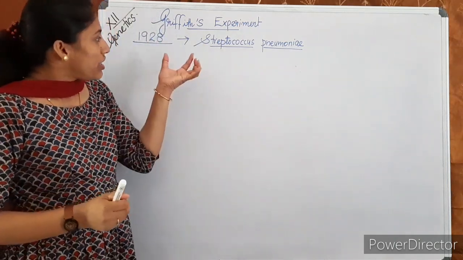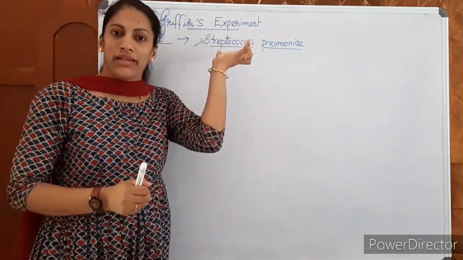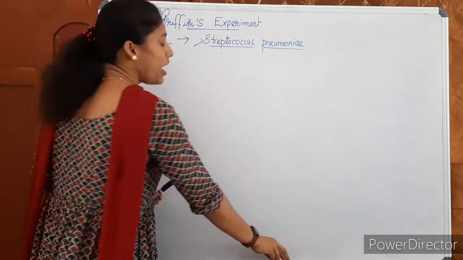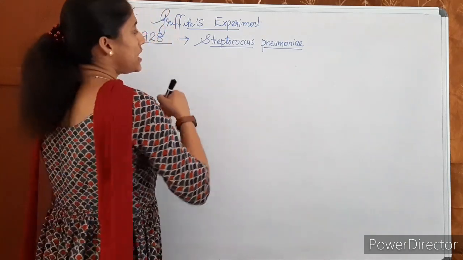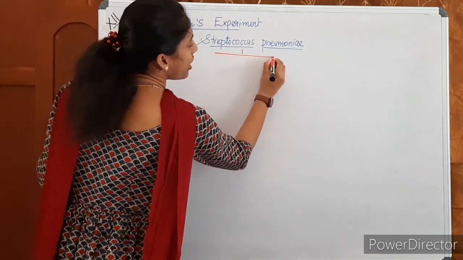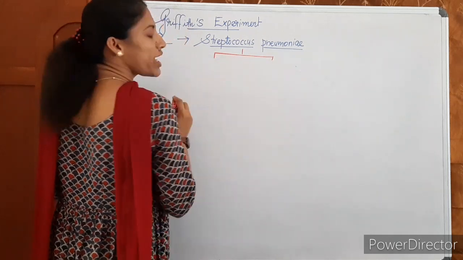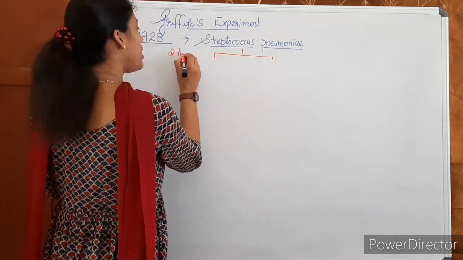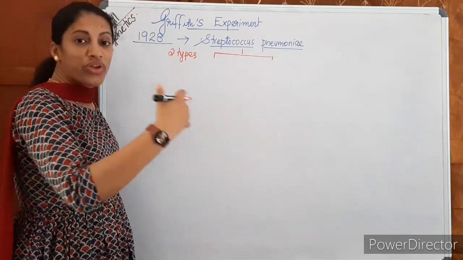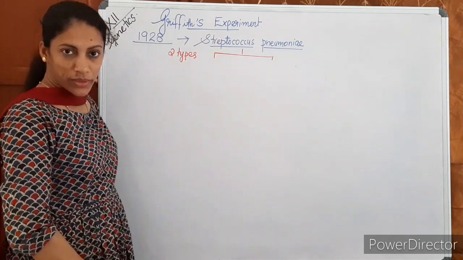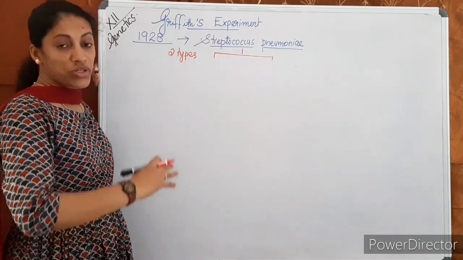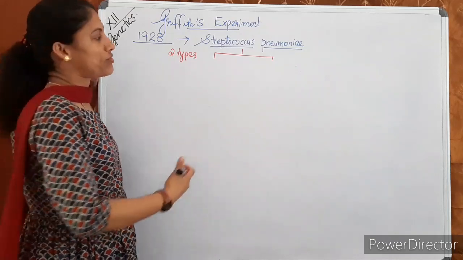Griffith grew this bacteria in culture plate in his laboratory, and he found that this bacteria, Streptococcus pneumoniae, produces two types of colonies. There are two different strains or variants for the same bacterium.